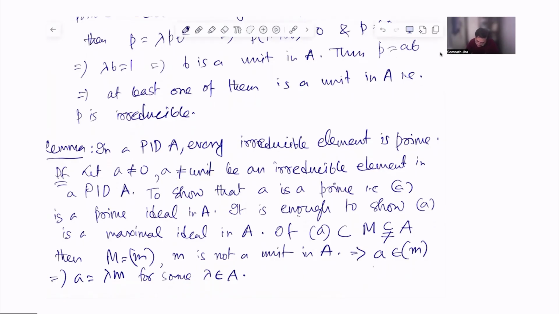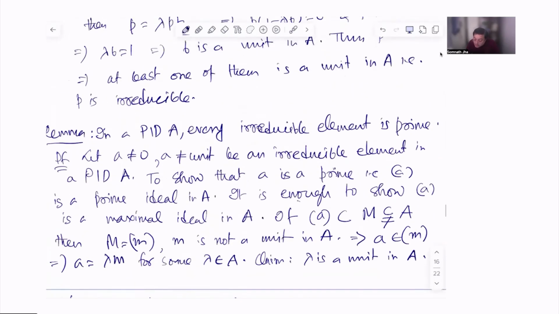So the claim is that lambda is a unit in A. So the question is, why is that? If you think for a moment, if it is not a unit, then what do you get? m is not a unit and lambda is also not a unit.